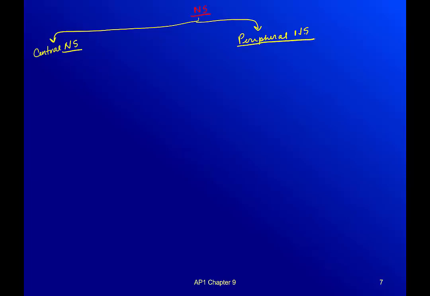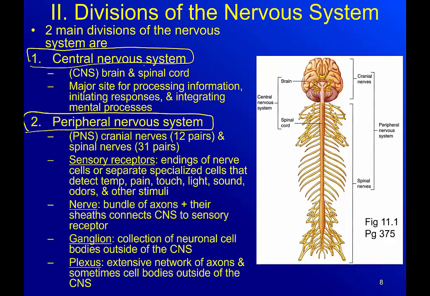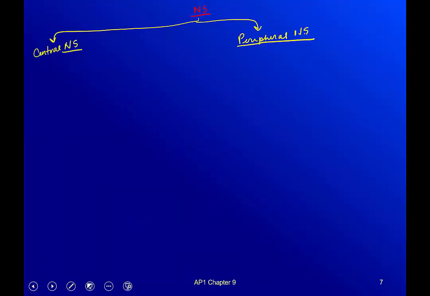So what does peripheral mean? Peripheral means the sides, right? Central nervous system has 2 primary organs, the brain and the spinal cord. So what is it? It's the major site for processing information, initiating responses, and integrating mental processes. So if we were to say organs, this is the brain and the spinal cord.